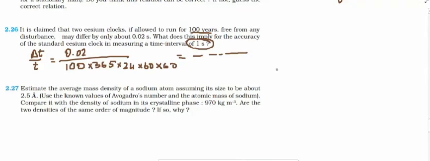It indicates that 1 by 10 raised to 12 will be the variation that happens.